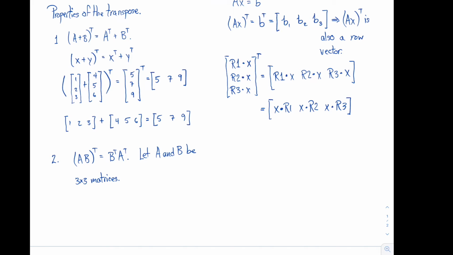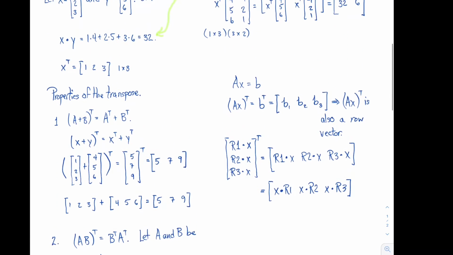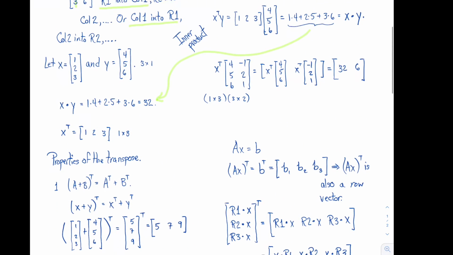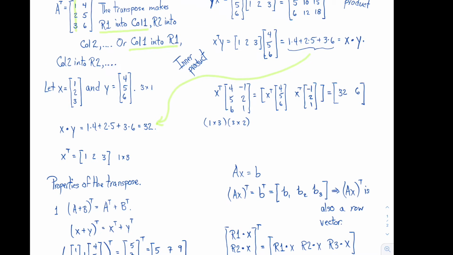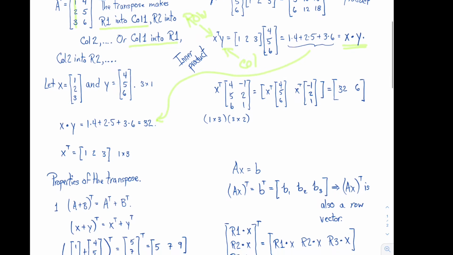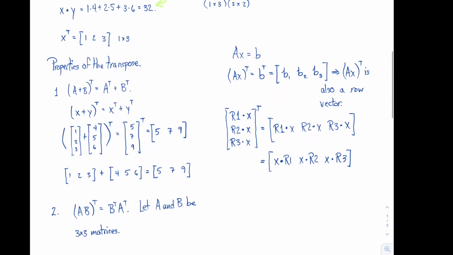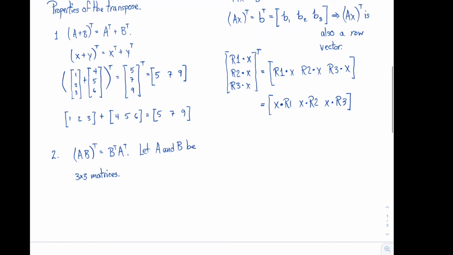Now, wait a minute. Let's return to what we first discovered about the dot product. I'm going to scroll up here. Notice that we said that the dot product of x and y is the same as a row vector times a column vector. Well, what does that mean? That means that we need to apply that down here. So how do we do that?